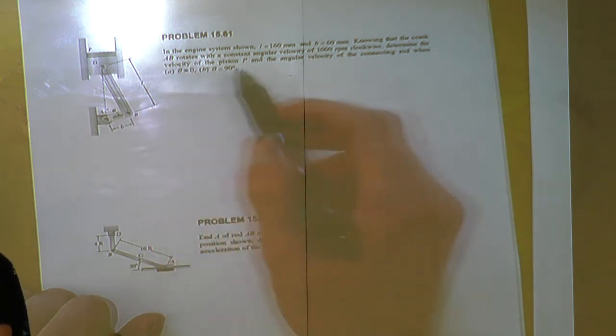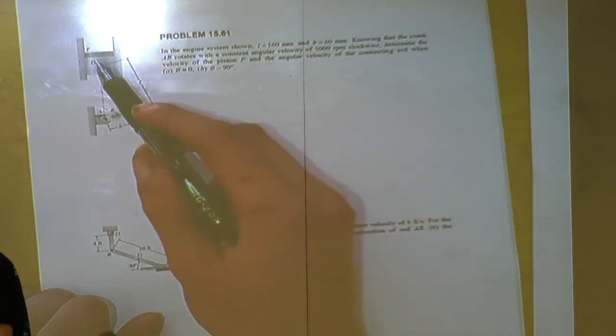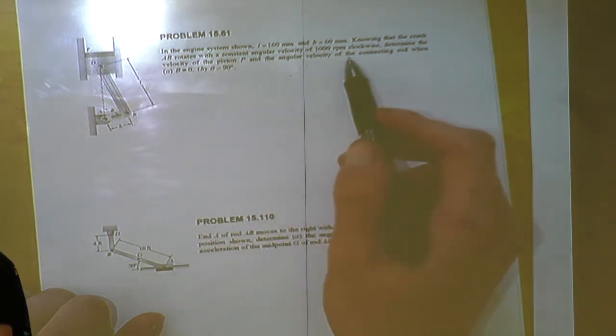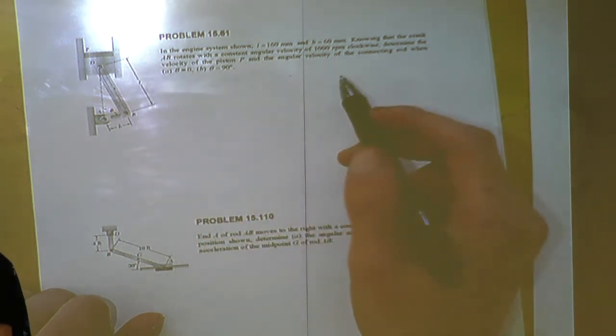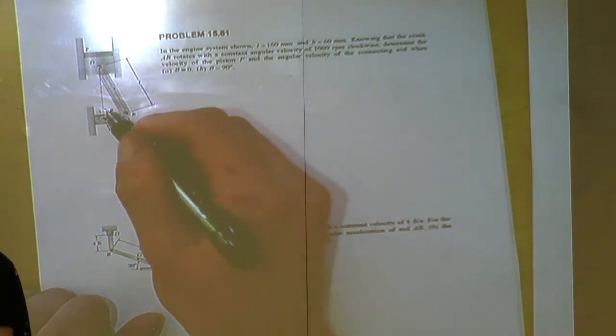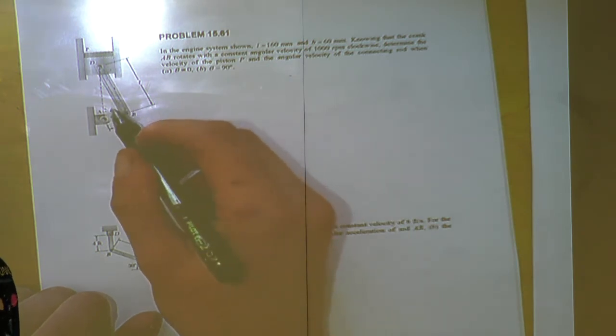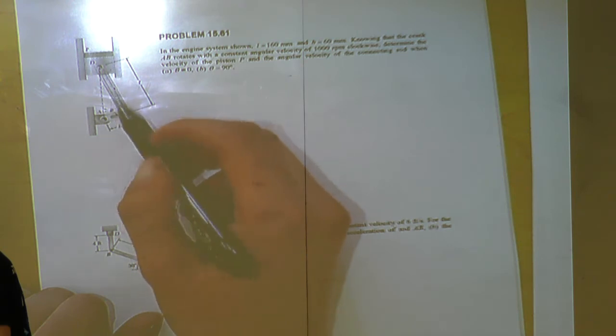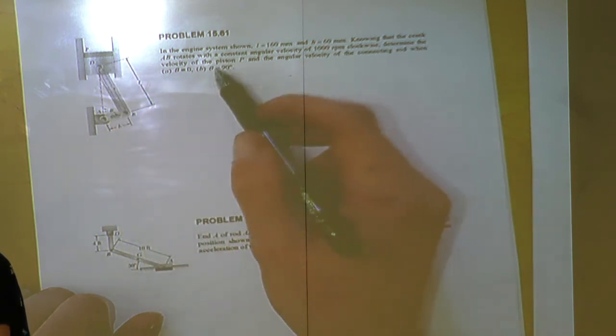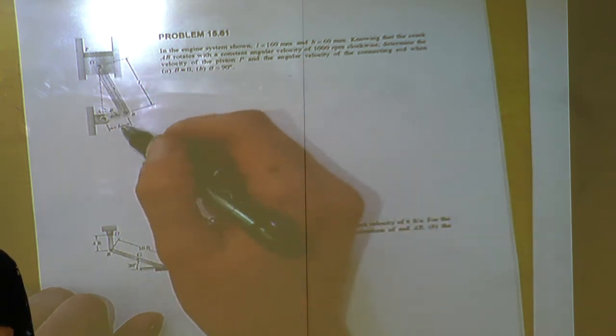Determine the velocity of the piston P and the angular velocity of the connecting rod when theta is equal to 0, and this is theta right here, so when it's straight out, and then when theta is equal to 90.